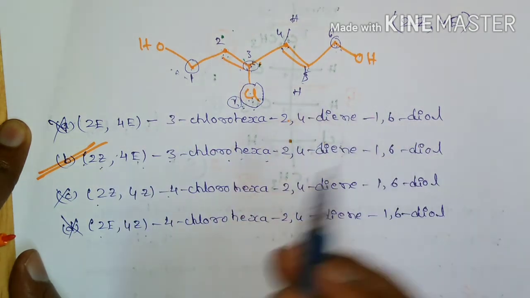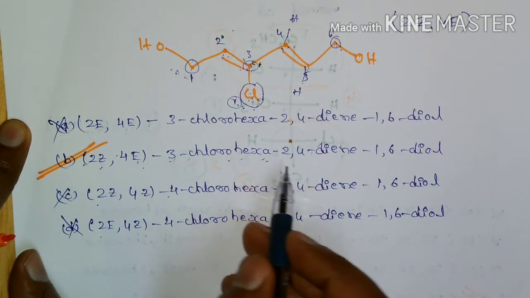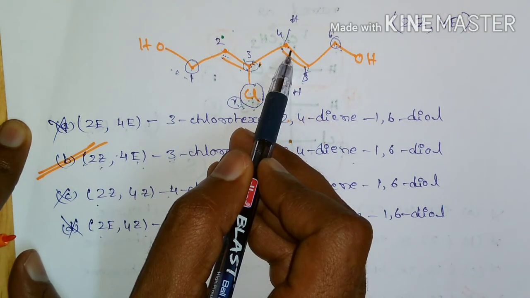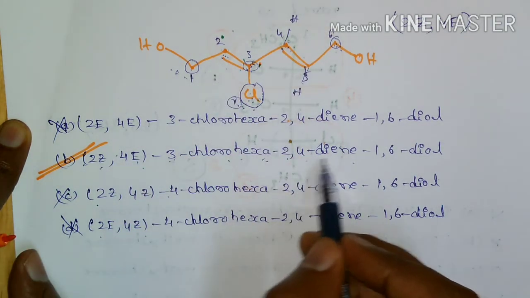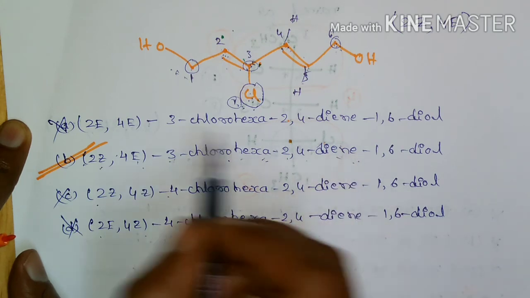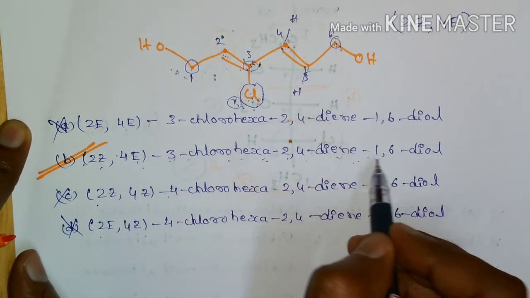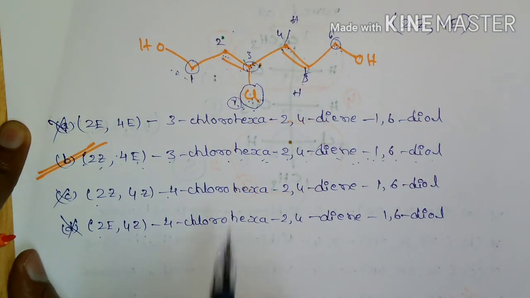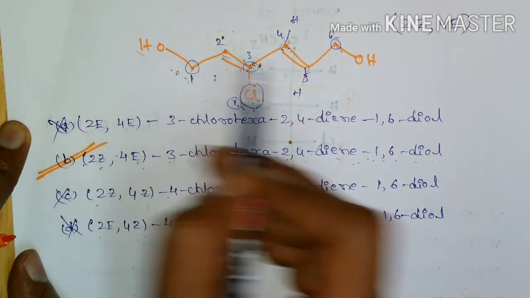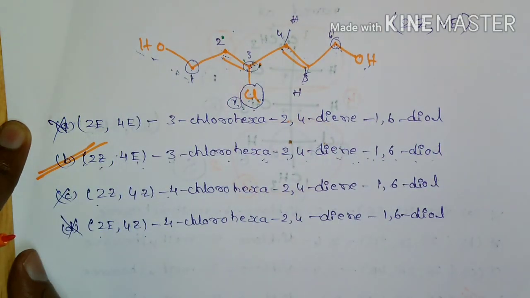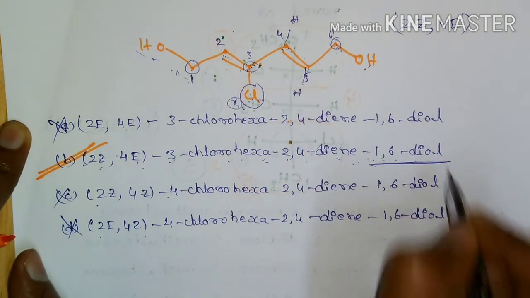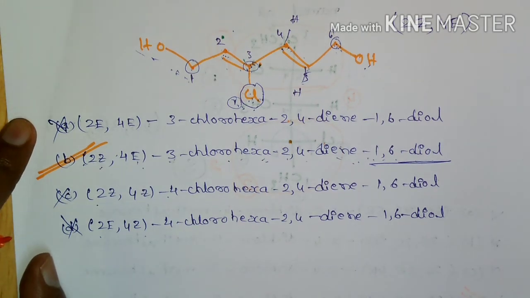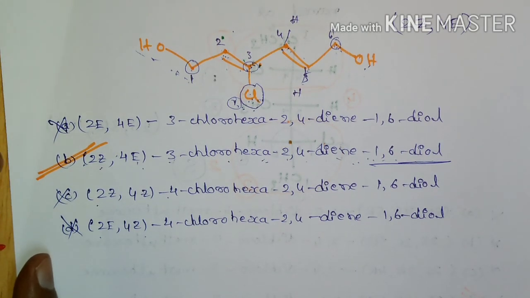And 2,4-diene, so at the 2nd and 4th positions we have the diene. And at 1 and 6 we have two OH groups. These two act as the functional group, that is we have 1,6-diol.